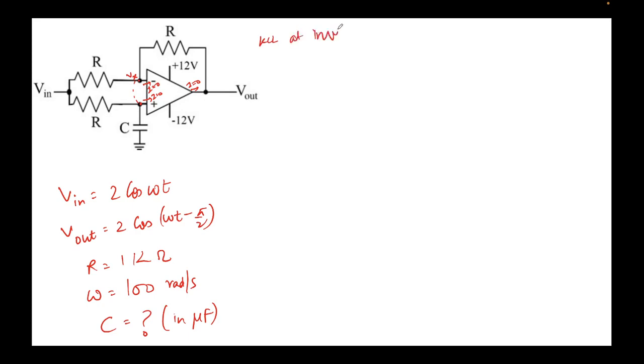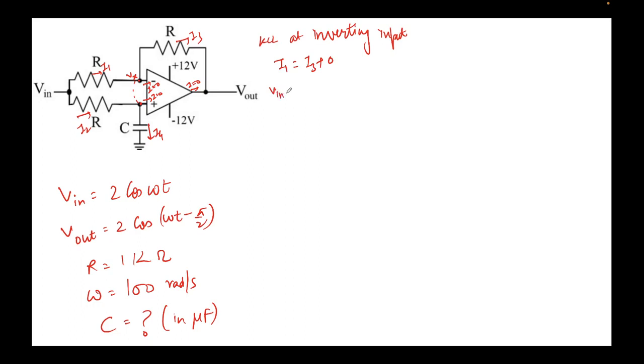KCL at inverting input. Incoming current, let's assume this current to be I1, this is I2, this is I3, this is I4. Very good. So the incoming current is I1, this should be equal to I3 plus 0. So I1 equal to I3. What is the value of I1? Again, I simply apply Ohm's law.